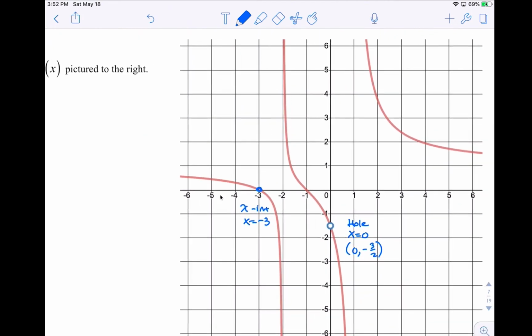And then it looks like I have vertical asymptotes at 1 and negative 2. And then I have a horizontal asymptote at y equals 1.